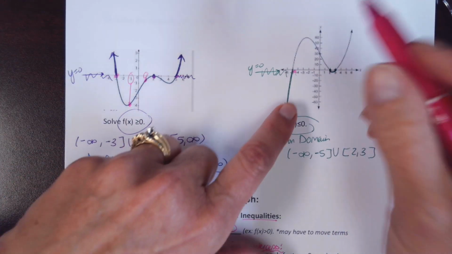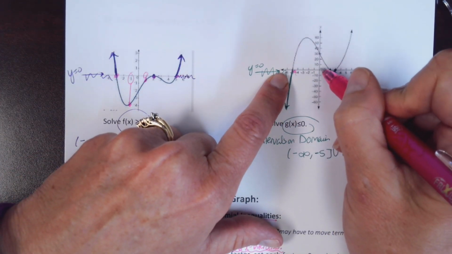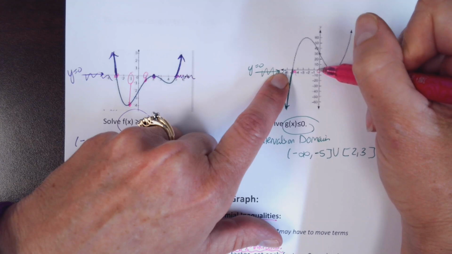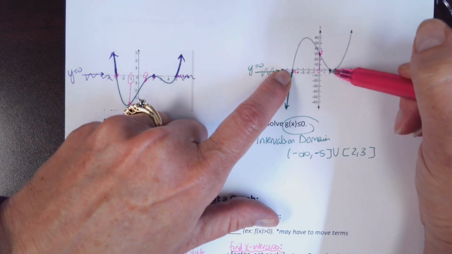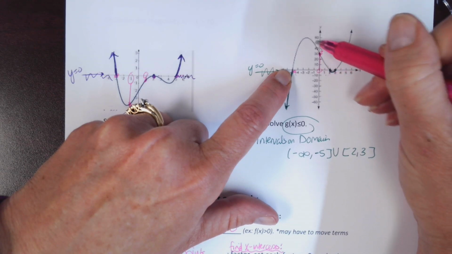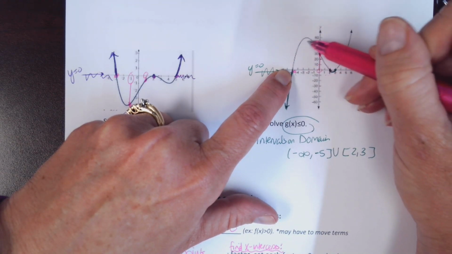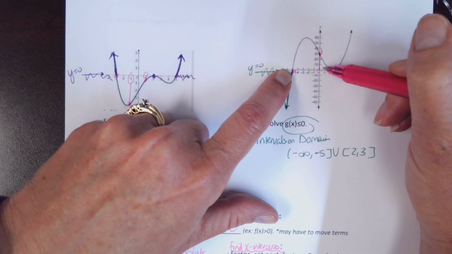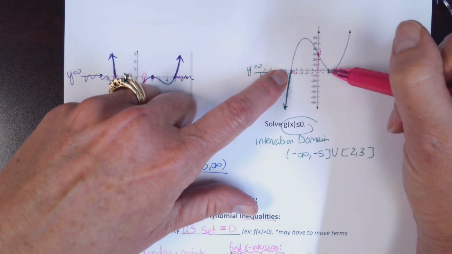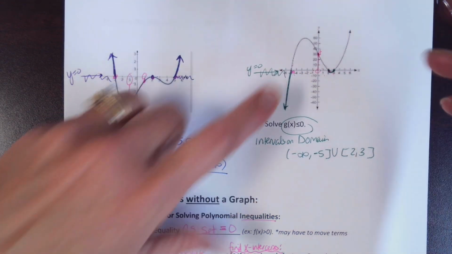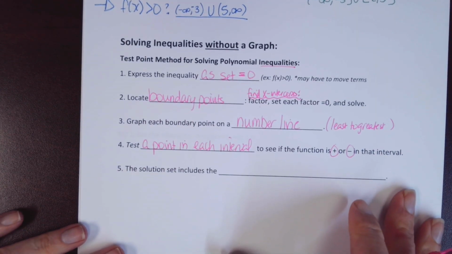Correspondingly, if I picked over here, if I picked 0 to test, it's going to give me a positive y value for an outcome, because anything between these two boundary points is going to be positive. It would be graphed above the x-axis. So I don't have to do the full graph. I can just pick one point in an interval, and it tells me where everything in that interval would fall.